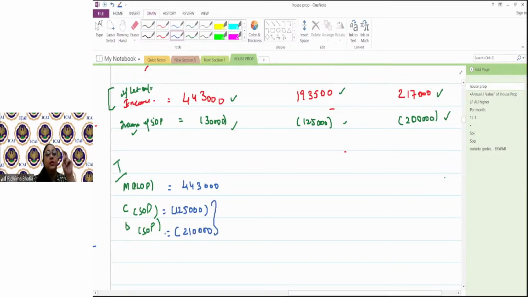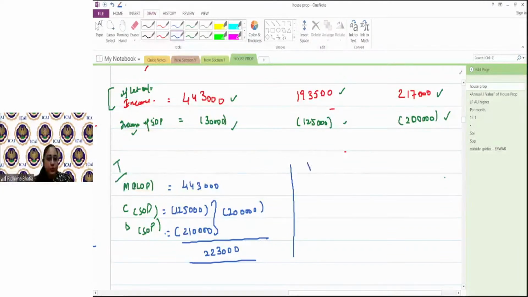But we remember that this maximum is allowed up to 2 lakhs. When we talk about self-occupied property, the maximum interest deduction which is allowed for construction or acquisition, provided other conditions are completed, is 2 lakhs. So total income from house property क्या आ गया मेरा? Income from 1, 2 and 3 properties, 1 taken to be deemed and another 2 taken to be self-occupied. 443 minus 2 lakh, 2,23,000. If I assume in the case 1, my Mumbai property to be deemed let out, okay?